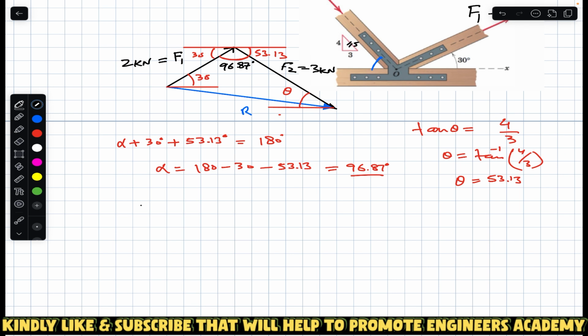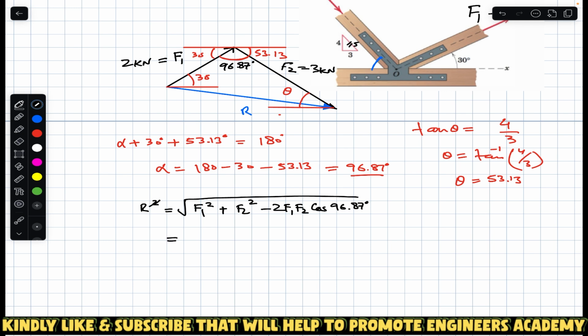So if we apply the law of cosines, r square is equal to f1 square plus f2 square minus 2 f1 f2 cos of the included angle, which is 96.87 degrees, and to find the magnitude of the resultant, we have to take the square root.